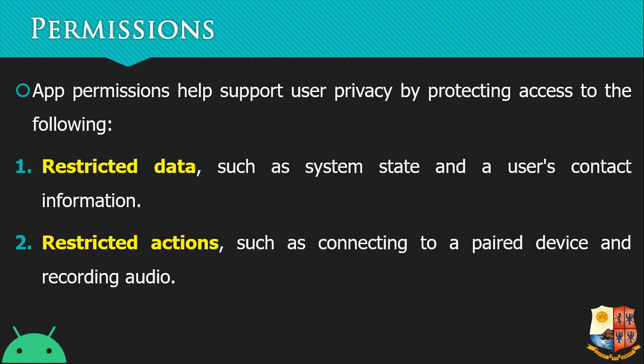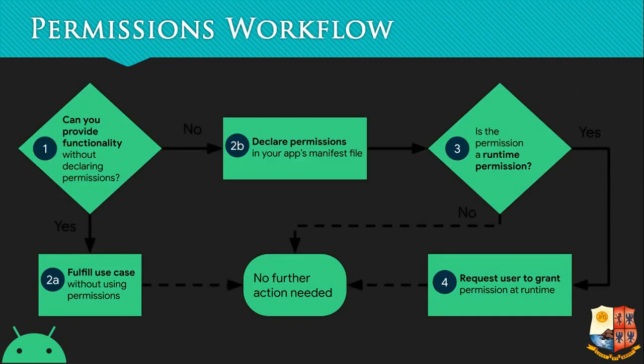So this is permissions. I hope you have seen this a lot of times. Every app has been restricted to data and action by Android in the latest phones. This is the permissions workflow. Please understand that. What do you mean by a workflow? Regarding permissions, just look at the first dialog. Can you provide functionality without declaring permissions?